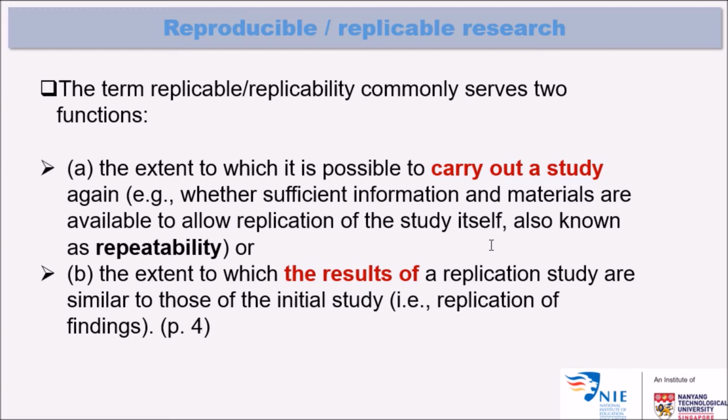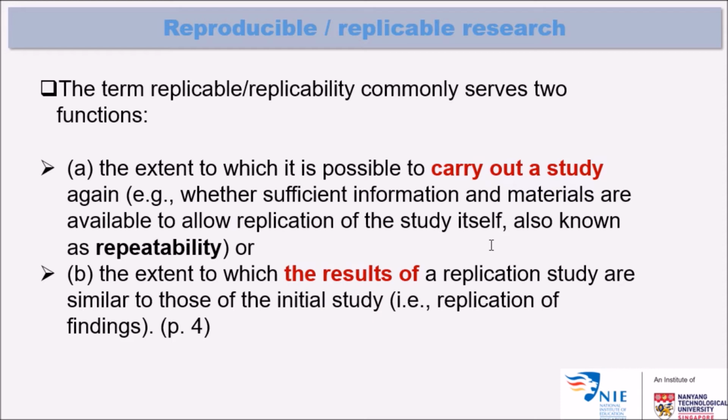So you need to know sufficiently about the first one. As a result, if you are an investigator who is doing a research study, it will be very important for you to provide all sorts of information that will help future researchers to replicate your investigation in different or similar contexts.